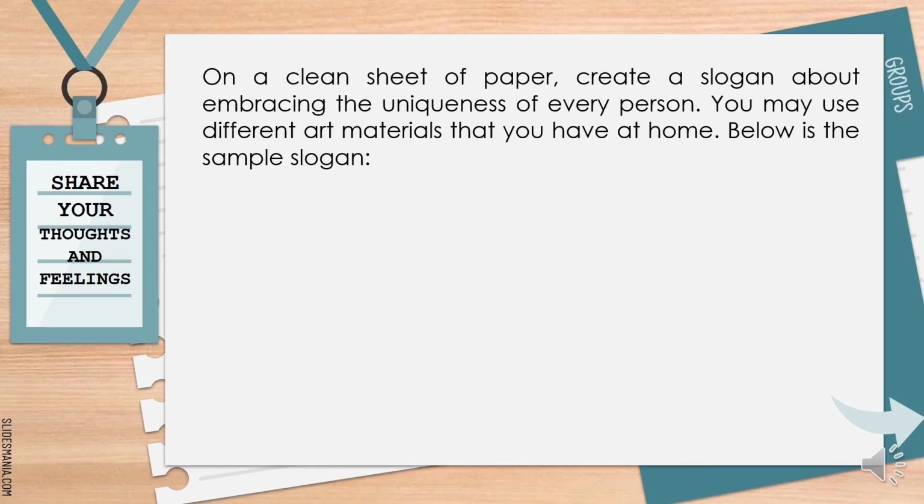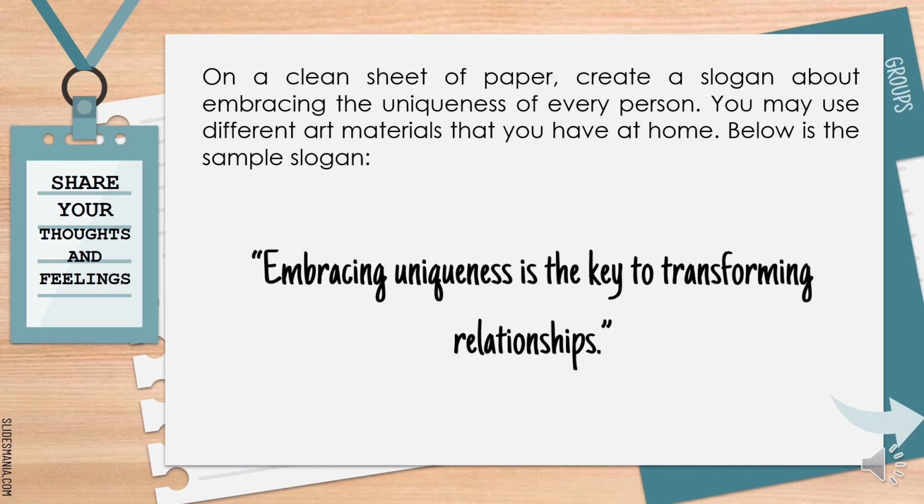You may use different art materials that you have at home. Below is the sample slogan: embracing uniqueness is the key to transforming relationship. For this activity, class, you need to create a slogan about embracing the uniqueness of every person. You can design your own slogan using different art materials which are available at home.